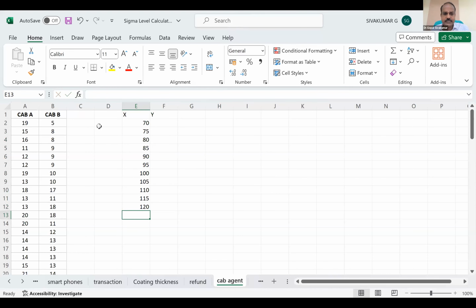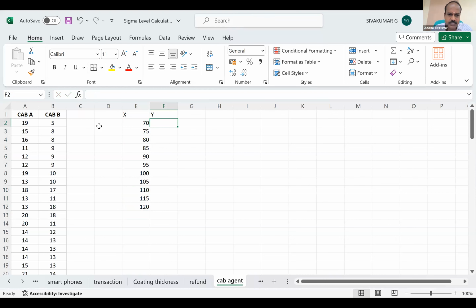So the temperature is expected to vary from 70 degrees Celsius to 120 degrees Celsius. This is how my process is currently working. The y variable is, let's say, the yield of a process.